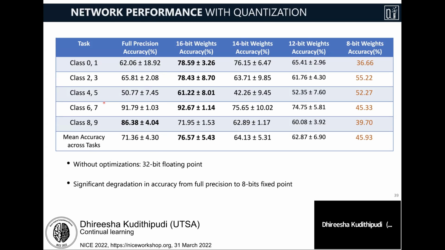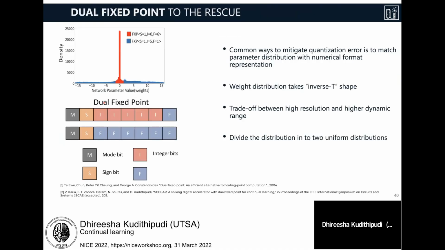But what happened was we said, well, this cannot fit in a hardware with this kind of size, so maybe we can do quantization. And when we did quantization, obviously, as Ann and several others presented earlier, it can cause a significant degradation in performance. So at 8 bits, the network performance degraded significantly.